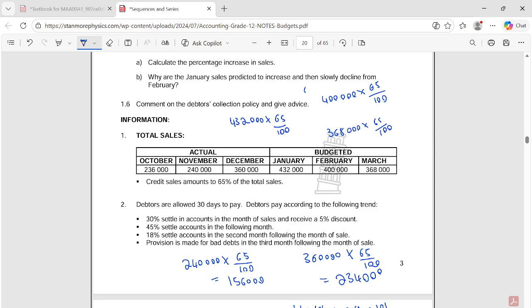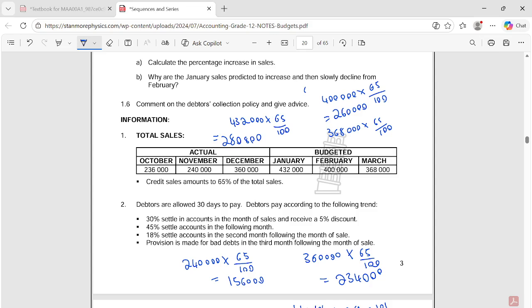So 432 multiplied by 65 over 100, therefore my credit sales for January are 280,800. And for February, 400,000 times 65 over 100, I'm having 260,000.